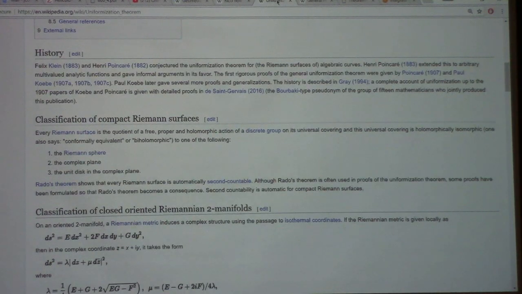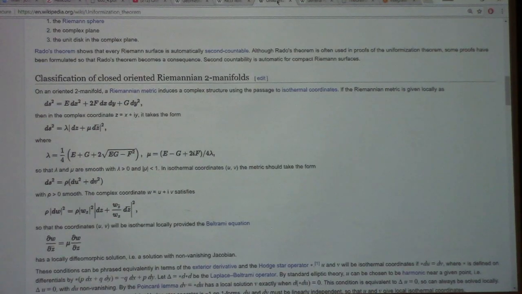What's a Riemann surface? It's kind of the graph of a complex function, if you were to try to think about it. That's a little bit of a lie, but when you study complex analysis, you'll learn what a Riemann surface is. It's a natural thing to look at. So that's the uniformization theorem.